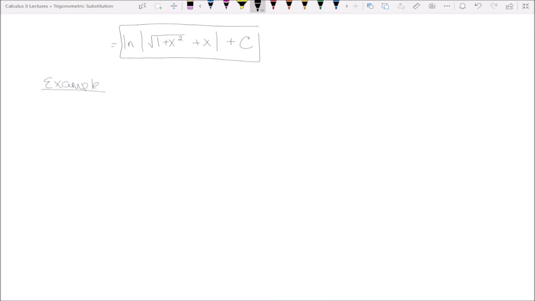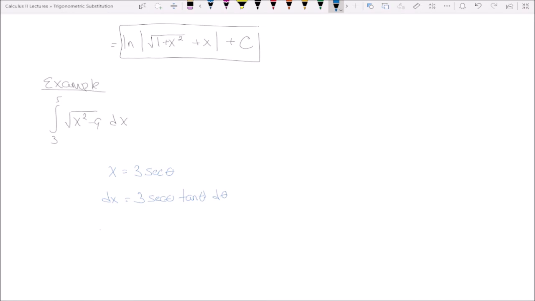Let's now look at the integral from 3 to 5 of the square root of x squared minus 9 dx. All right. Well, this is going to be x equals 3 secant of theta. dx is 3 secant theta tangent theta d theta.